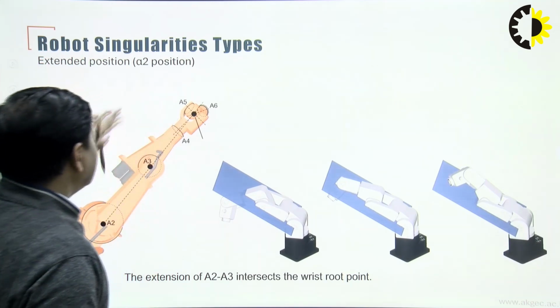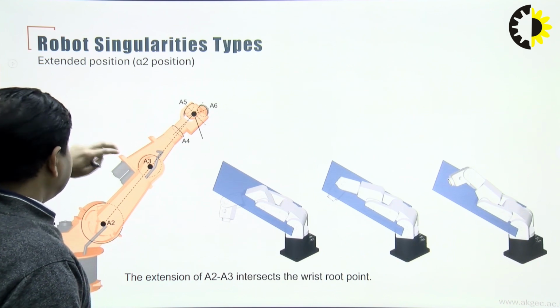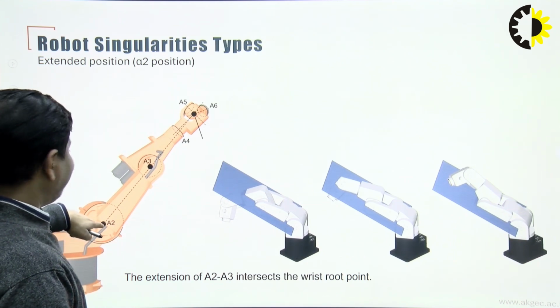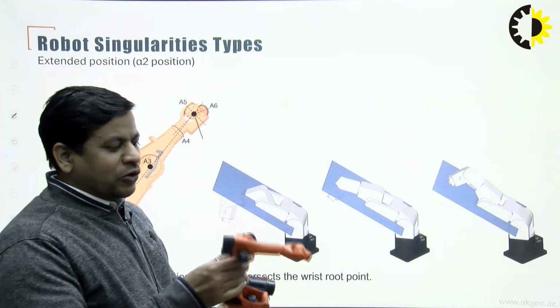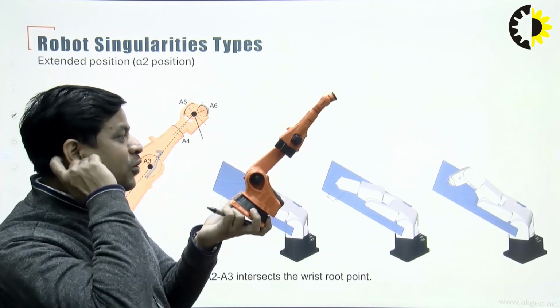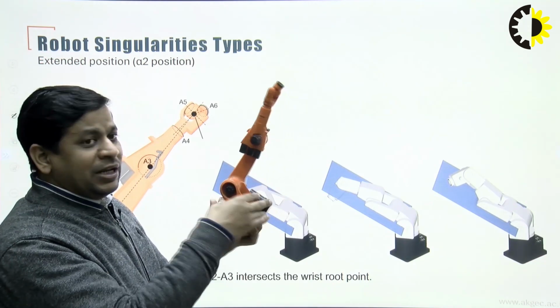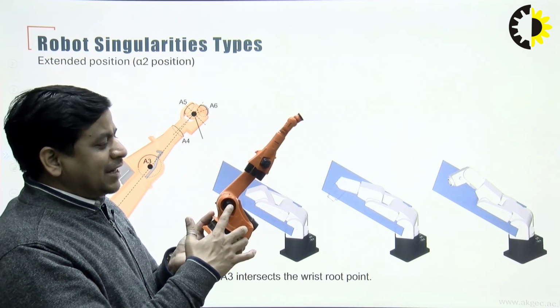The second case is alpha 2 position. Alpha 2 position means we have to take reference from axis 2. So if you stretch your robot, see, this is the position where I am stretching my robot. This is axis 1 and this is axis 2.